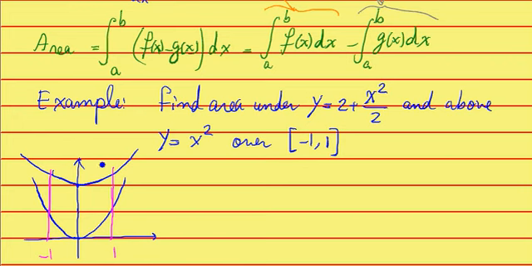So I might as well specify what this one was. This was the top portion, y equals 2 plus x squared over 2. This was the bottom portion, y equals x squared. The area we are interested in will be then this.